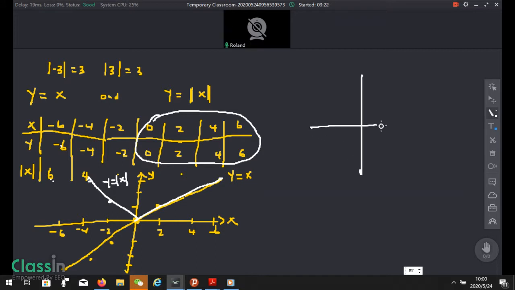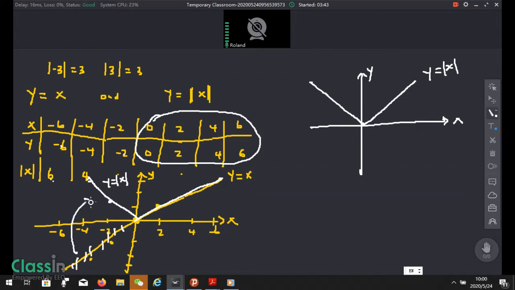So we will see that this section, y equals absolute value of x, will be of this shape, because all these negative y components will be positive. So it will be reflected across the x-axis to come into the positive side of y. And we have this shape.